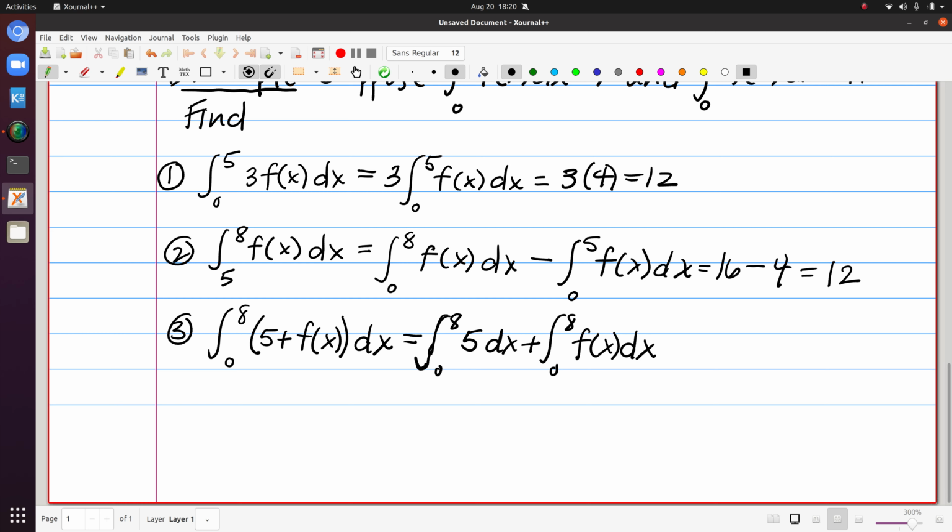Now, we're given the second integral there, and the first one is the integral of a constant, which we have a property for. That should be 5 times the length of my interval plus the given integral being equal to 16. So 40 plus 16, and we get 56.